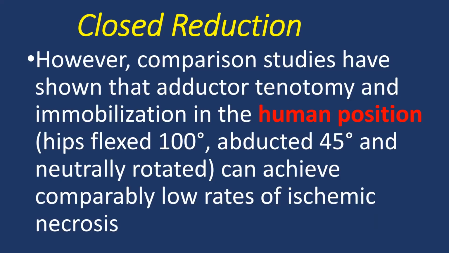However, comparison studies have shown that adductor tenotomy and immobilization in the human position, hips flexed to 90, abducted to 45 degrees, and neutrally rotated, can achieve comparably low rates of ischemic necrosis.